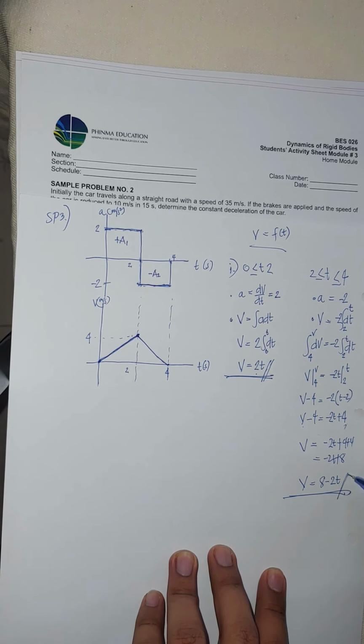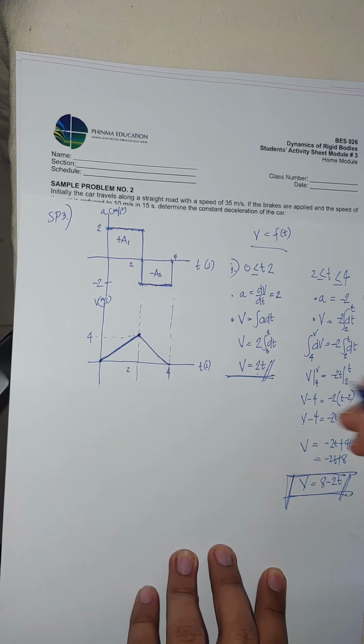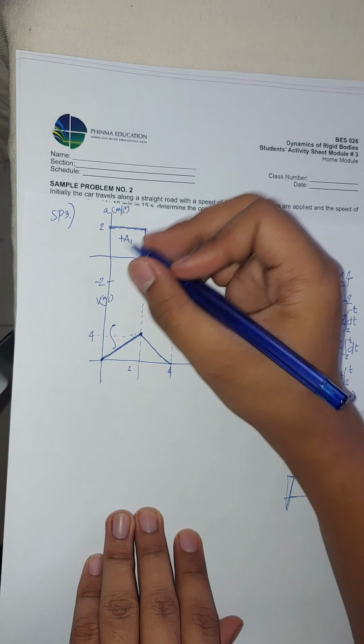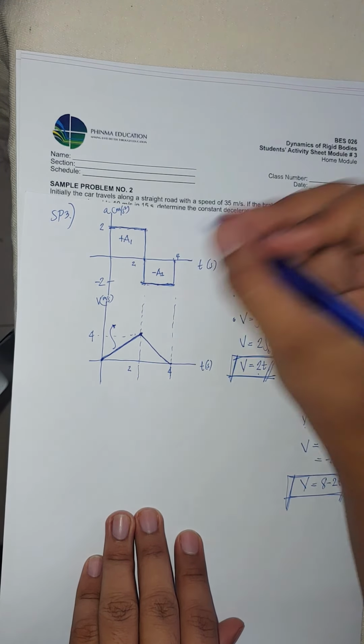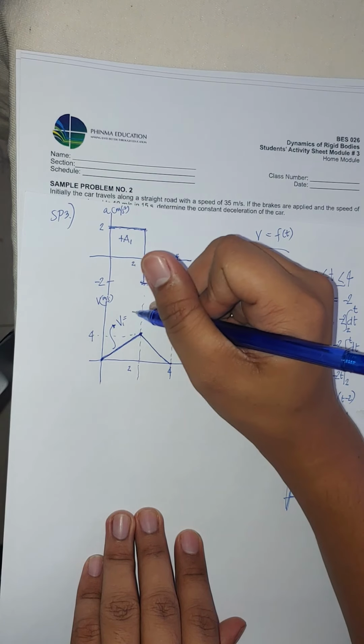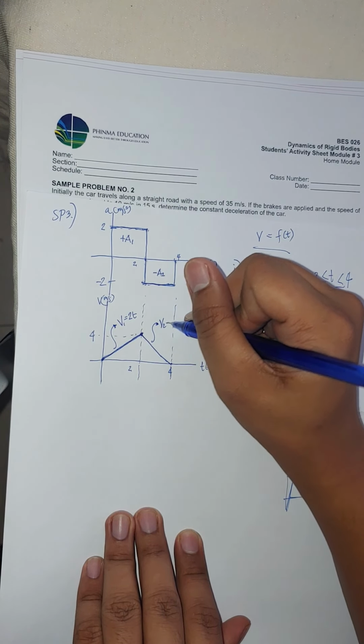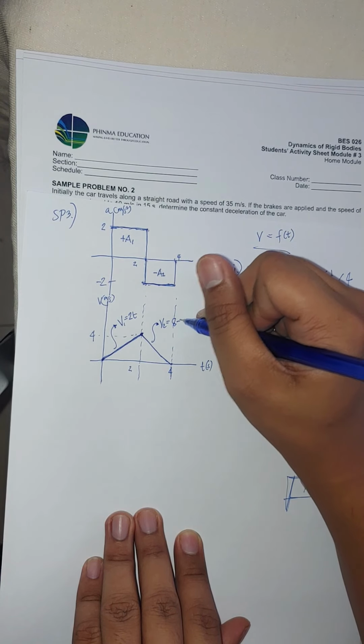This is already our function. So on this side, the velocity function is v is equal to 2t, and on this side, it is v is equal to 8 minus 2t.